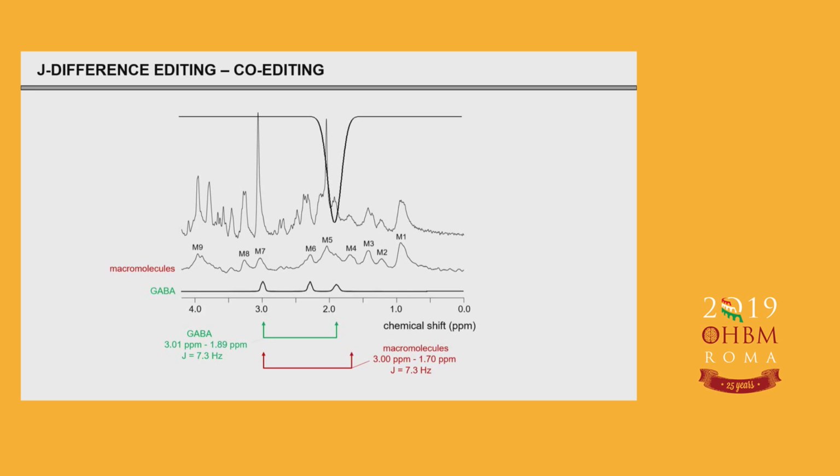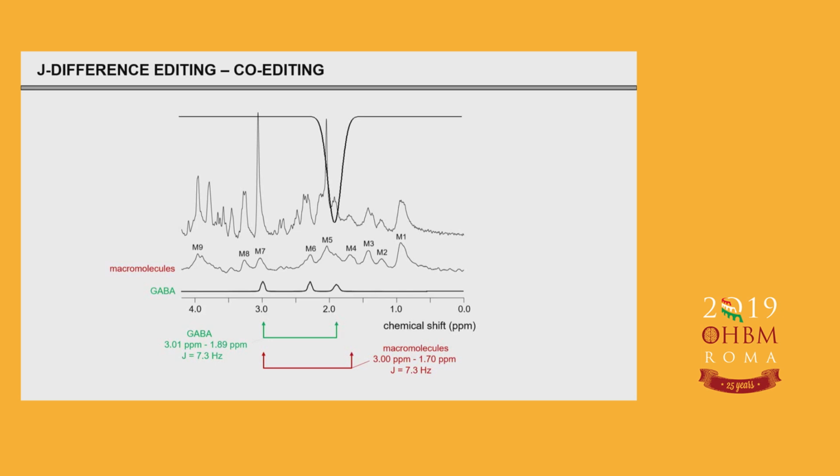Now the problem comes in if you look at the profile in the upper spectrum of the editing pulse, that inversion profile is never perfectly selective. It is not possible in NMR to only invert one frequency. There will always be a certain bandwidth or range of frequencies that are inverted at the same time. You can see that from the width of that curve.